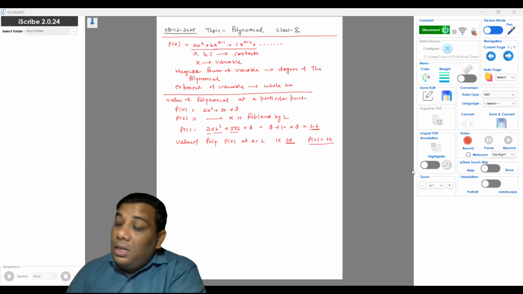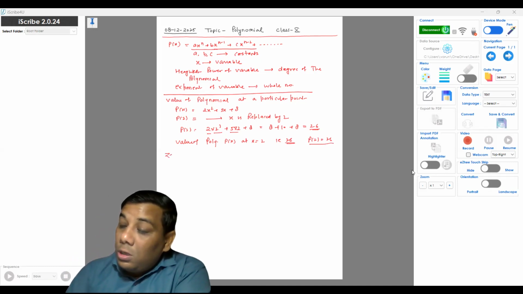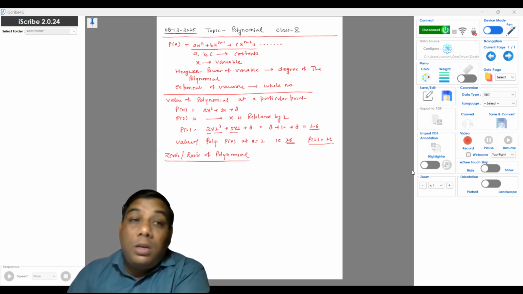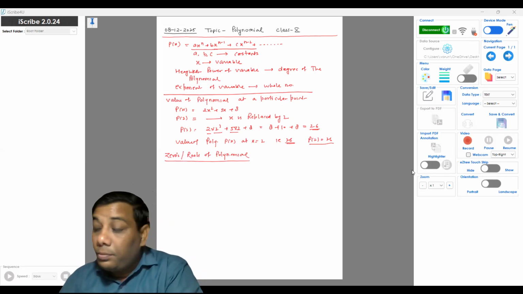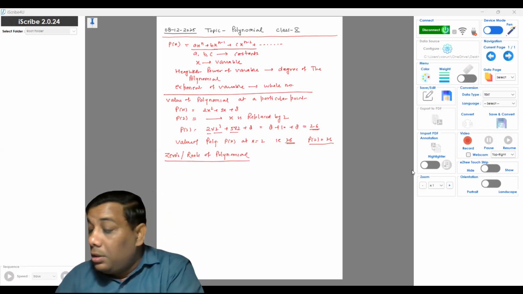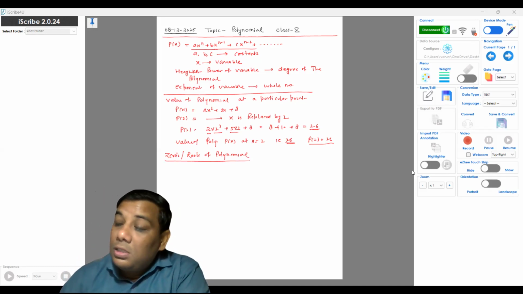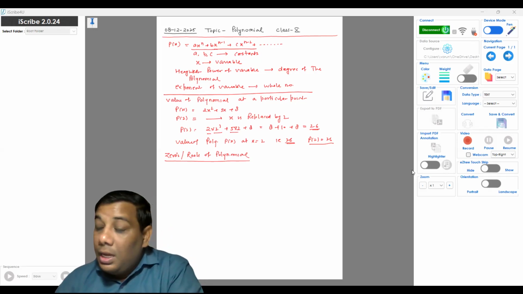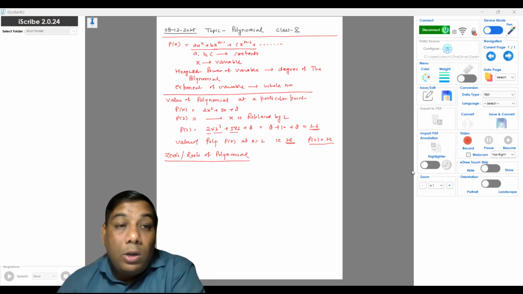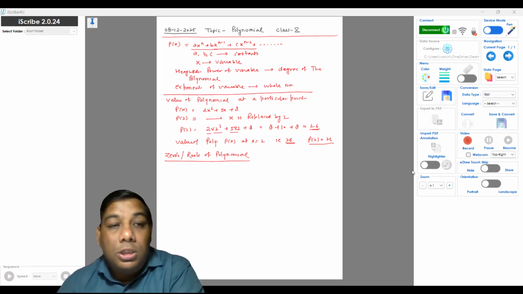Now the next thing is zeros or roots of a polynomial. What is the meaning of zeros or roots? If we replace the variable with some value, here we replaced 2, then we get p(2) = 26. But sometimes the value of the polynomial for a particular constant value becomes 0.